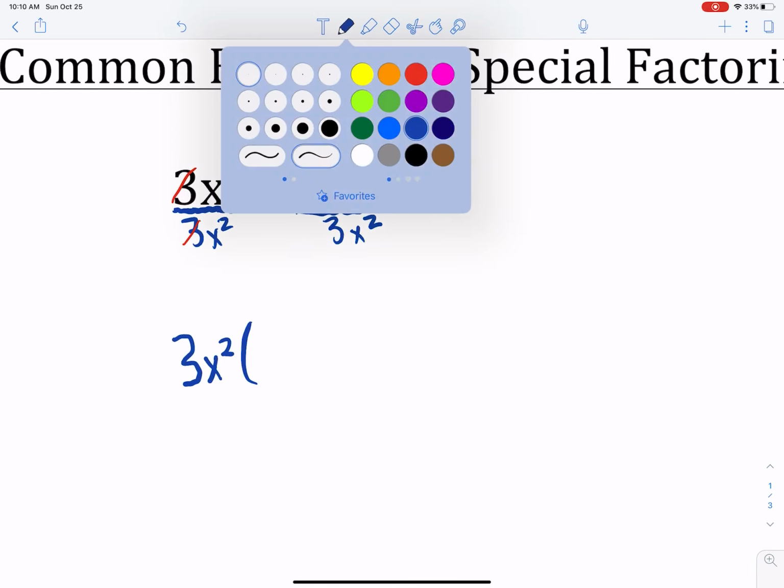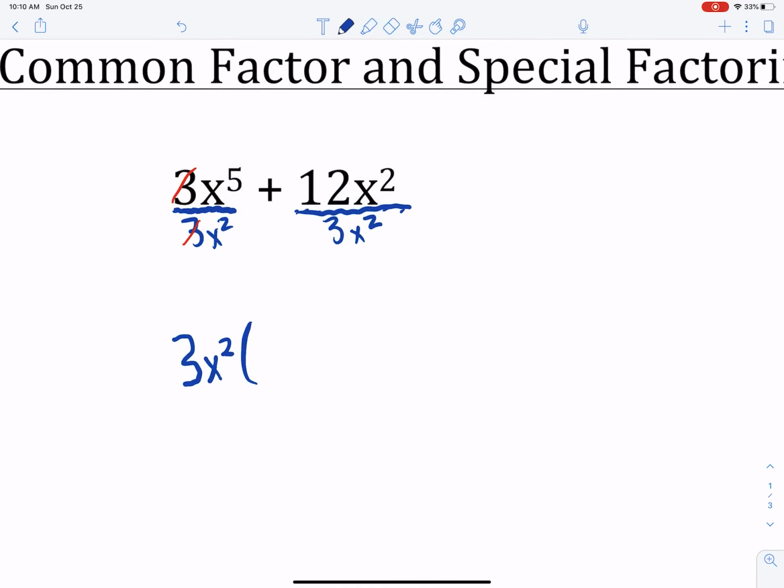X to the fifth divided by x squared, you might remember from a previous chapter, when you're dividing, you subtract the exponents. 5 minus 2 is 3, so we would have x to the third left over. In the next term, the x squared and x squared cancel each other out completely, and 12 divided by 3 is positive 4. So this would be our answer, 3x squared times x cubed plus 4. Let's try a few more.